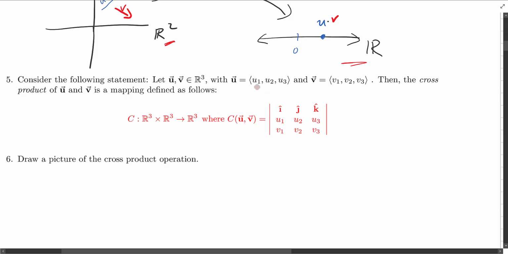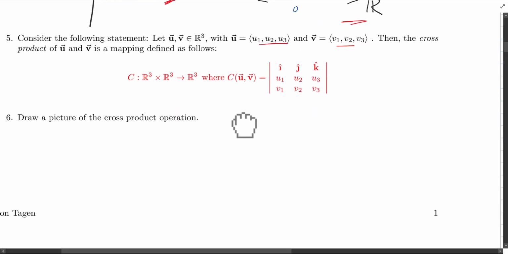And so suppose we have these two component functions. Well, what does this do? The cross product function takes two vectors in R3 and maps them to a third vector in R3 based on this computation right here that we just looked at an example of. So the picture looks like this.